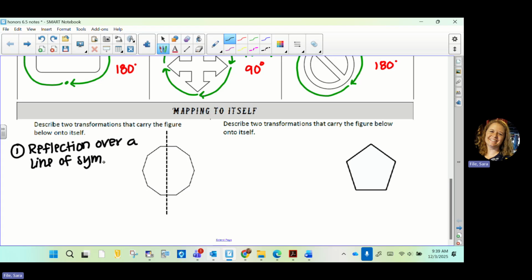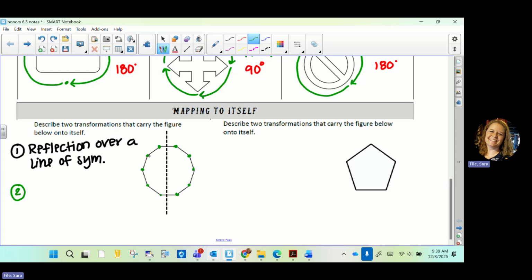Okay, what's another option? Does this one have rotational symmetry? Yeah. How many degrees would I rotate it for it to map onto itself? Let's see. We've got 1, 2, 3, 4, 5, 6, 7, 8, 9, 10.